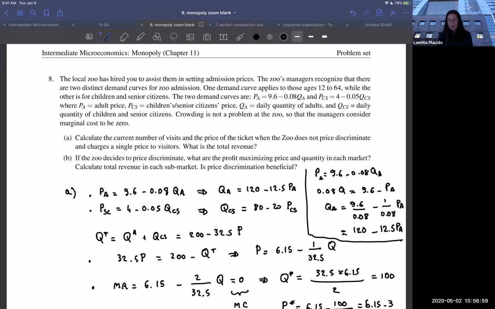All the topics for the second midterm are the chapters we covered after the first midterm. I believe it started with costs.